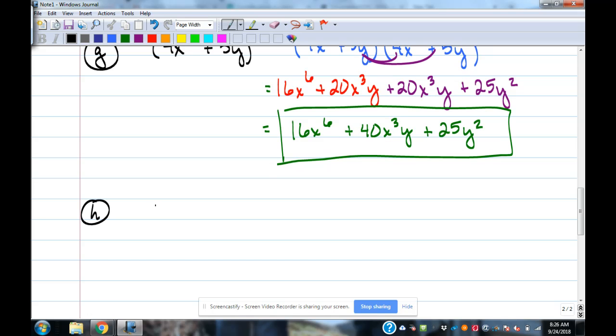Let's take a monomial like negative 3 x to the 4th times a polynomial: 2x to the 3rd minus 5x squared plus 11x minus 9.